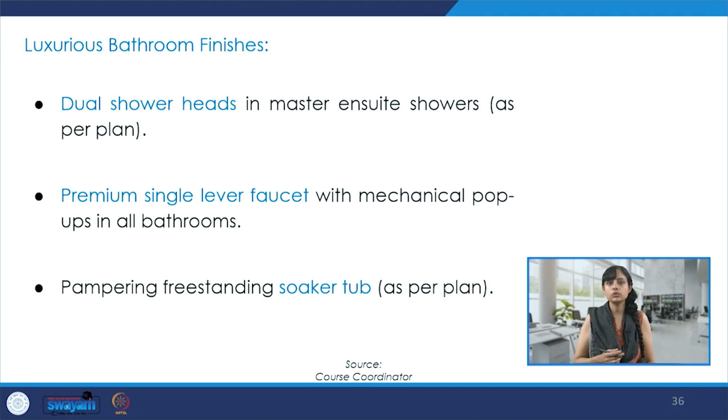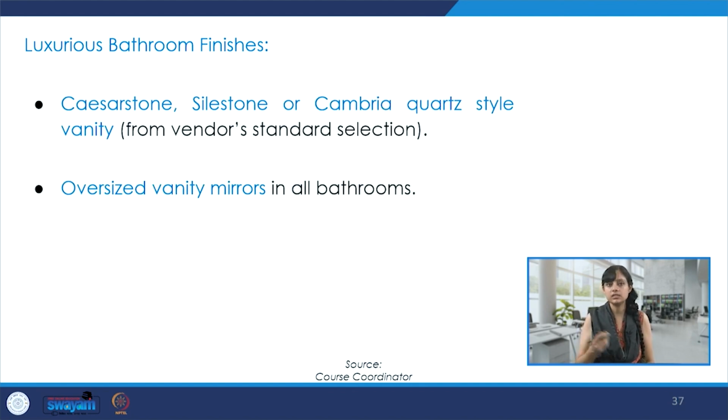There is also a dual shower head that we see in the room, and then it's repeated in several rooms. Also there are premium single lever faucets that we see in bathrooms. There are soaker tubs that we see over here. So these are all meant for luxury finishes and just being relaxed and having some interesting details.